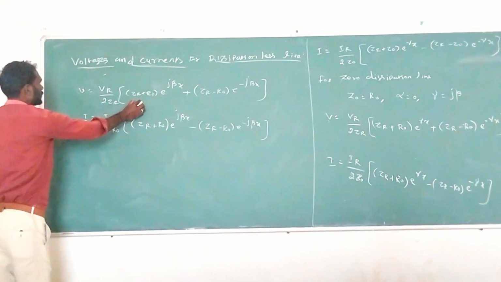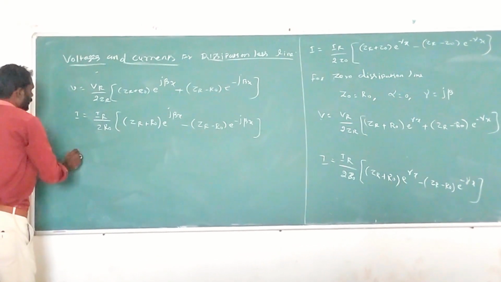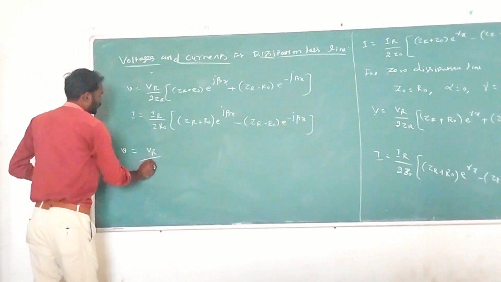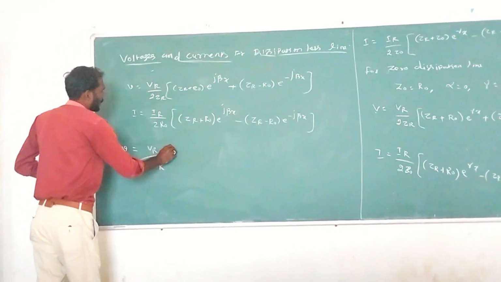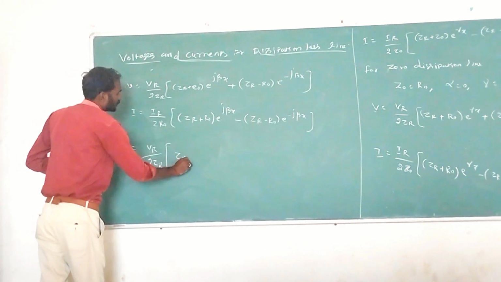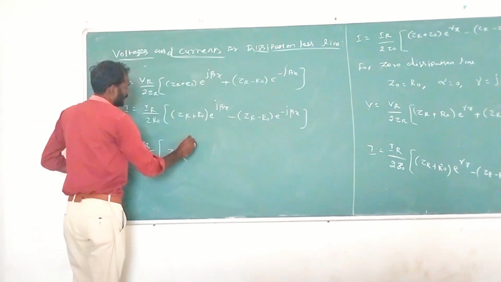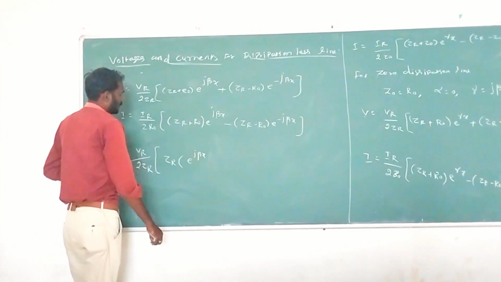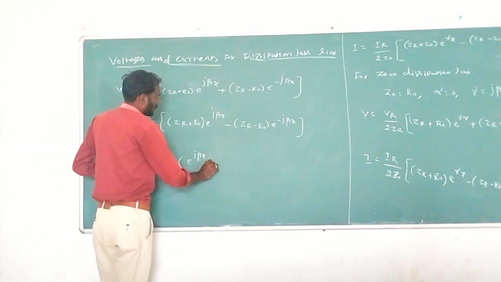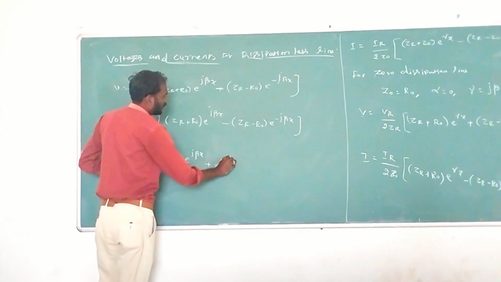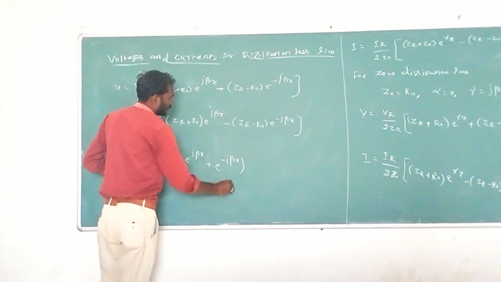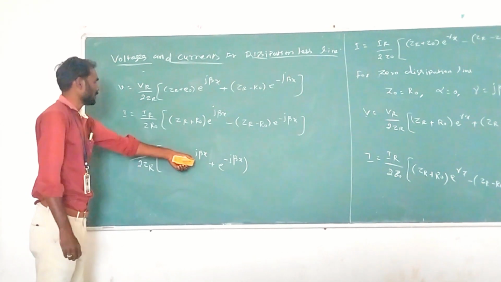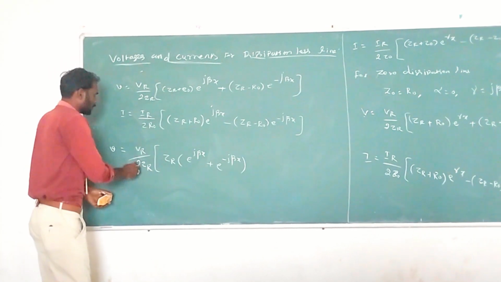Only we take the ZR term, so V is equal to VR by 2 ZR, taking the common e power j beta X plus e power minus j beta X, right? So this multiplied by VR by ZR.